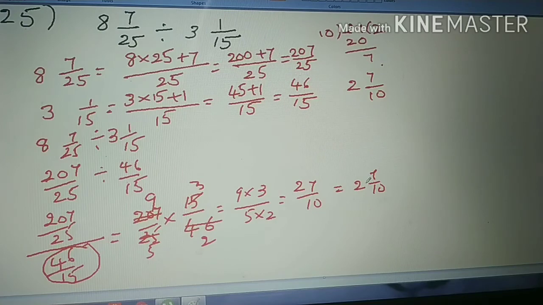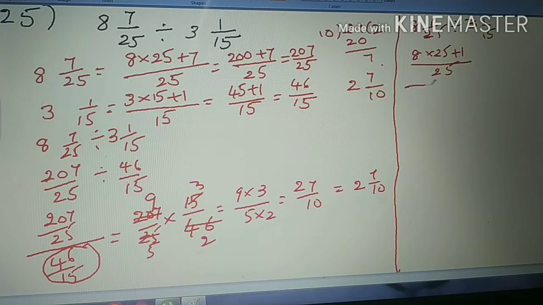Directly also we can do this one. See here, I am writing directly, so our problem is 8 7 by 25 divided by 3 1 by 15, right? So I am writing directly integral part into 25 plus 7, that is divided by 25, and this whole thing is divided by 3 into 15 plus 1 by 15.